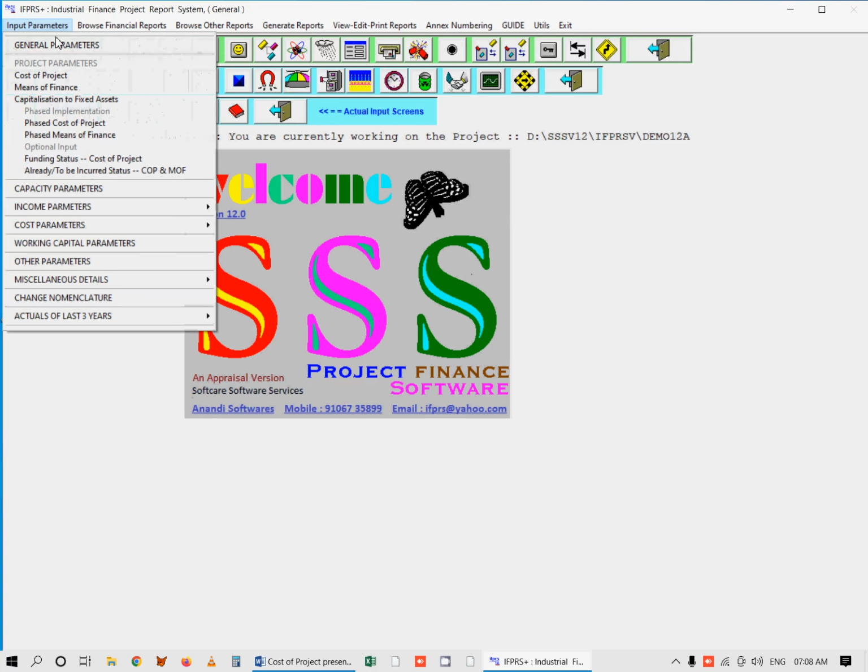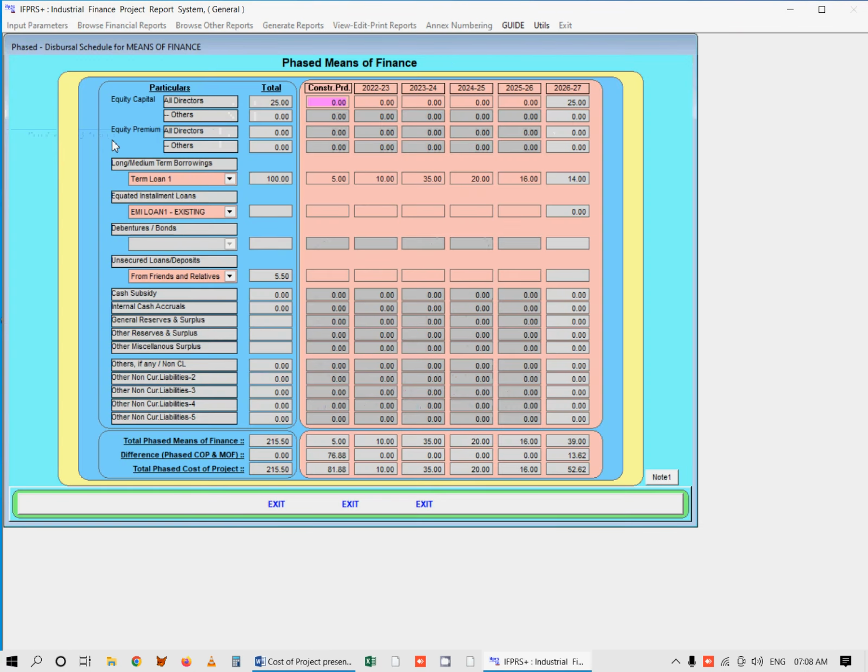Phased means of finance. If your project is not getting commissioned at one time, once for all, but is phased out over the next few years, while your production and operational activity already comes into play and effect, then in such cases you continue your projection working with the respective and related production and output activity and with operational P&L account, all along with the further commissioning of the project in progress during these operational years.